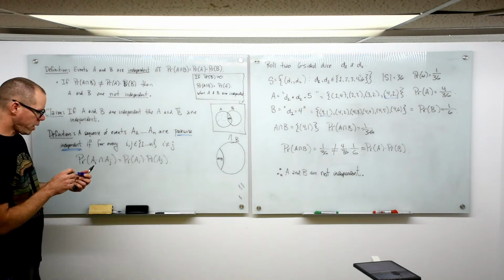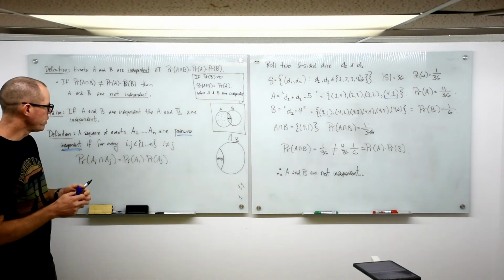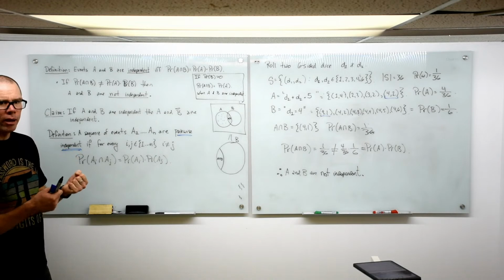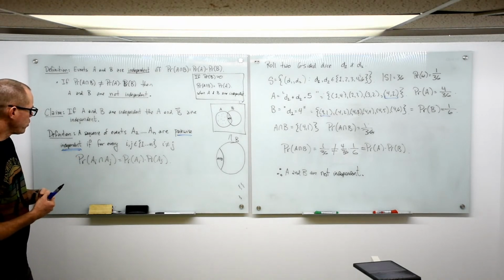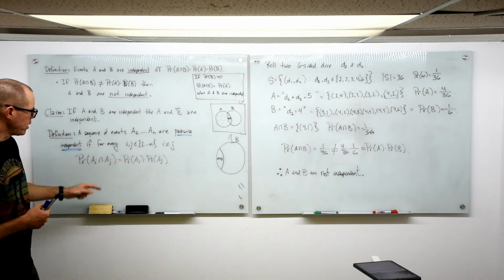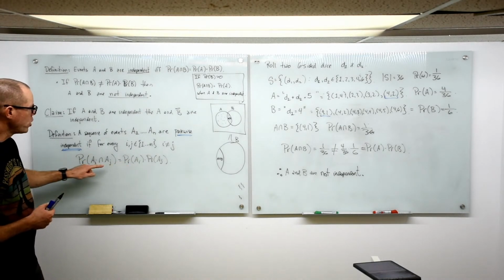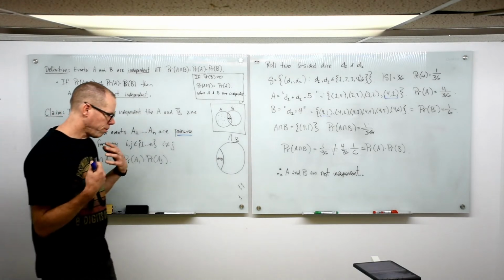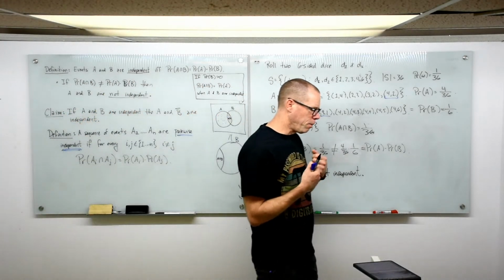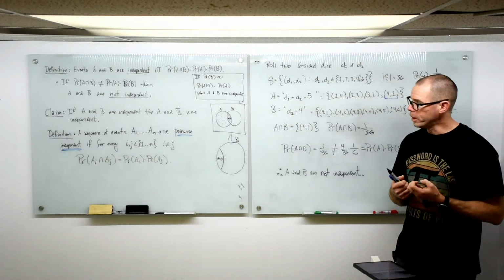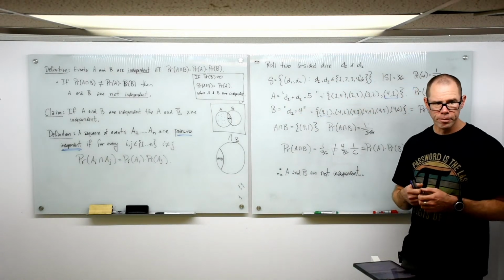And it just says that I should be able to take any two of those events, AI and AJ, and they should be independent. Right? This is the same thing as saying the events AI and AJ are independent. So pairwise independence means if I take any pair of these things, they should be independent.